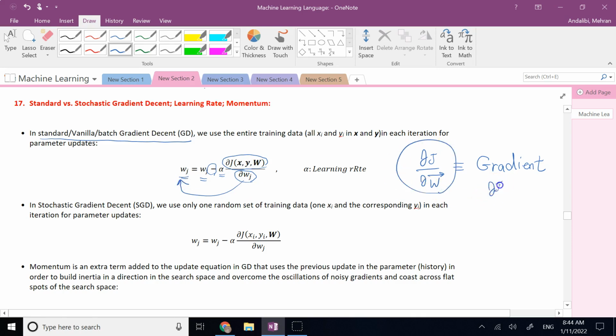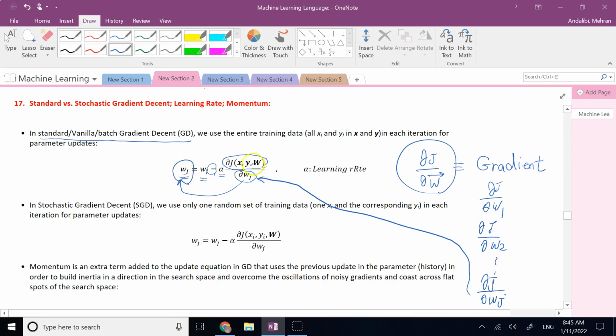It's like partial of J with respect to W1, partial of J with respect to W2, and so on and so forth. So now the jth component, which is partial of J with respect to Wj, we use it to update the jth weight.